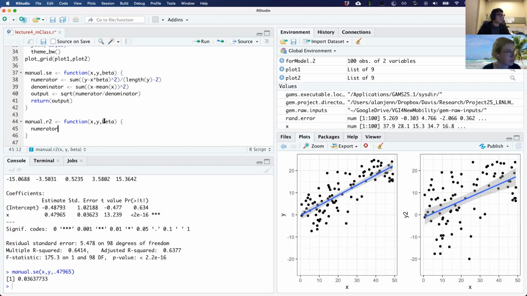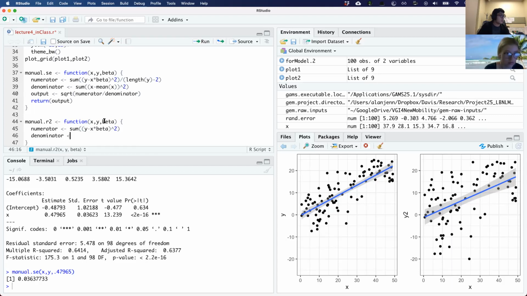So let's go ahead and do this. So the numerator was a sum of y minus x times beta squared.